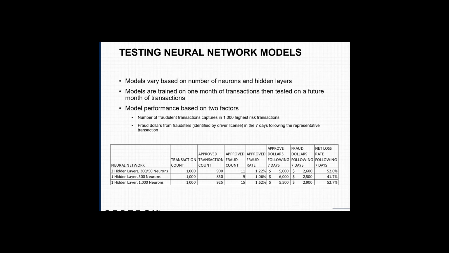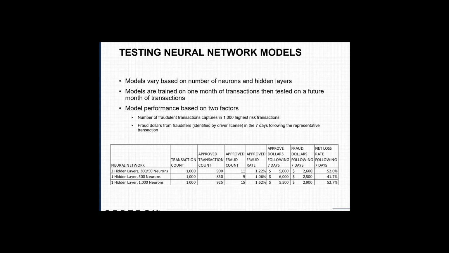I trained these models on 1 month of data. For example, it might be on July transaction volume. And then I'm going to test them on a future month of transactions because I know I'm going to have performance degradation. And I want to make sure that that degradation is still useful to us. So when I do this testing, I'll do it on, let's just say, September transaction volume.